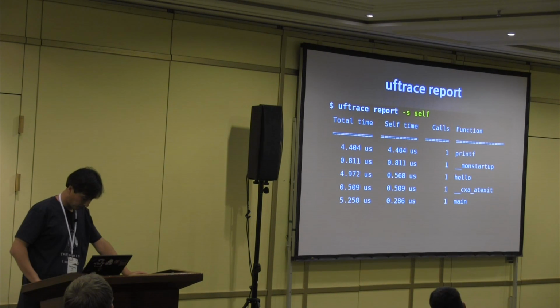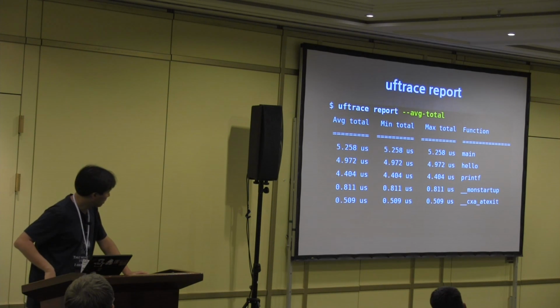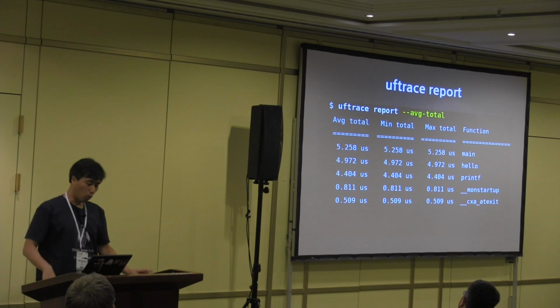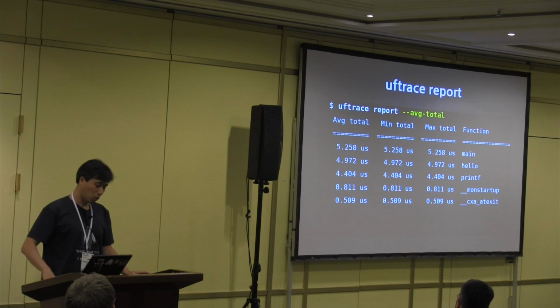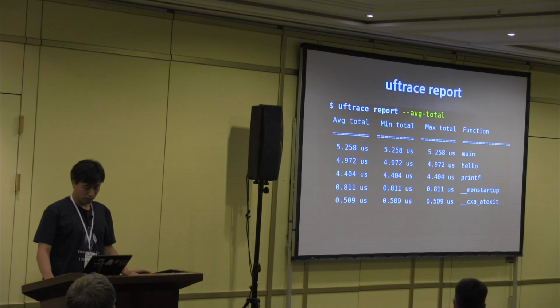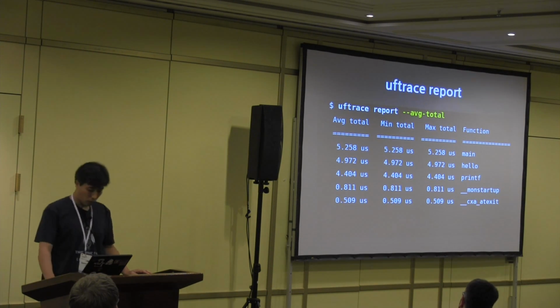I know this is not a good example since all the functions are called just once, but if not, you can use the average total or average self options to see the average or max time of the function execution.